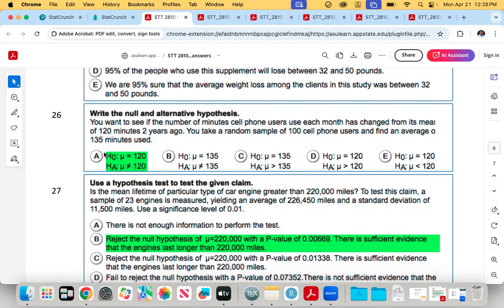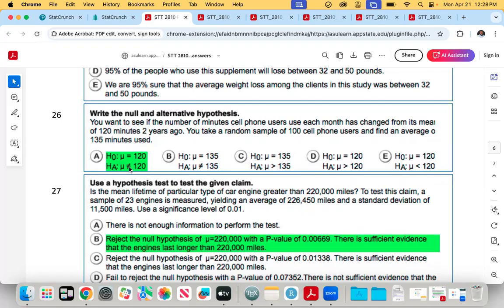We want to write the hypothesis. We learned that the hypothesis is about the population. So we want to see if the minutes has changed. So it should be equal to and not equal to.